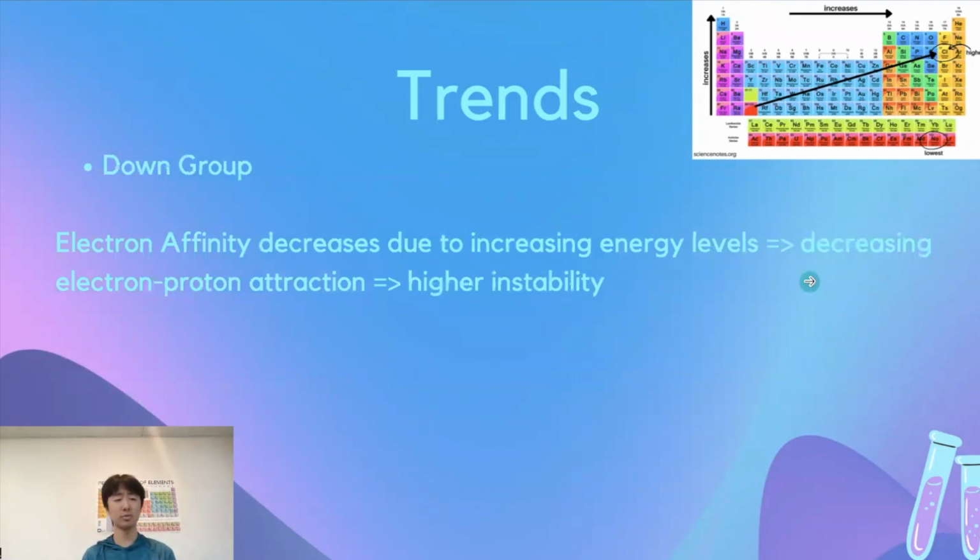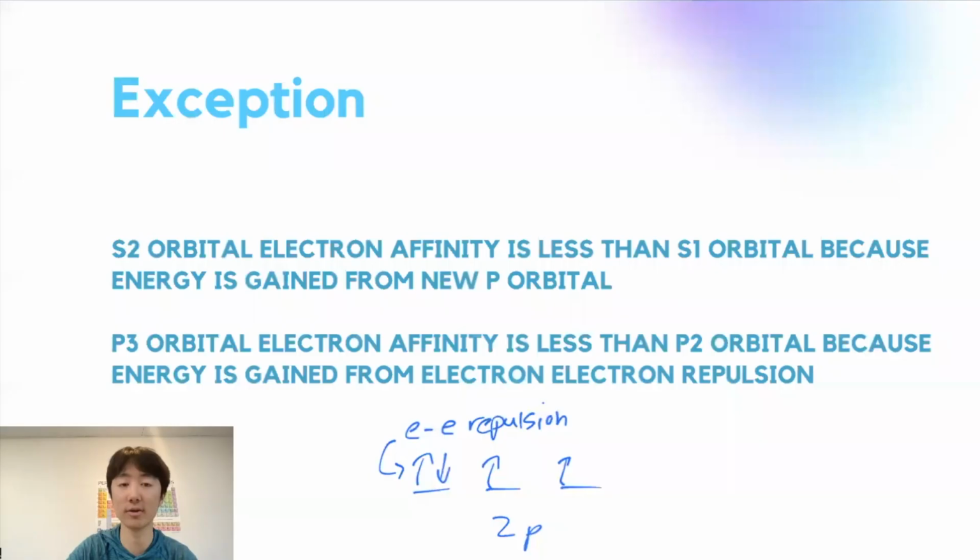And as you go down the group, the electron affinity decreases, and less energy is released due to increasing energy levels, decreasing electron proton attraction, and then a higher instability. If there's a higher instability, that means less energy is released because there's still a lot of energy in the system. And as a result, there's less energy released and a lower electron affinity.